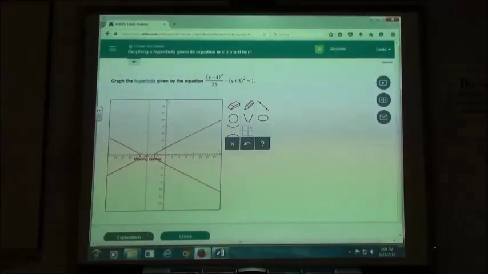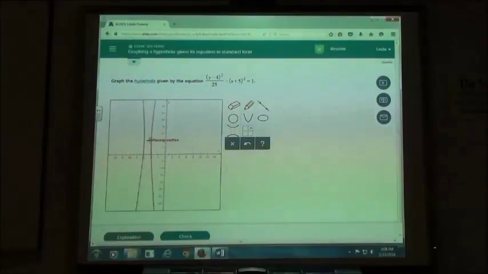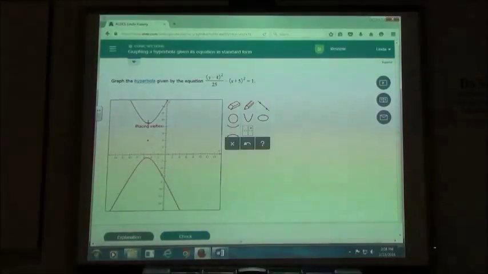So -5, +4 would be right there. Again, just move it over to the edge so you can see you were at -5, +4. Now I'm going to do my y first. So to place my vertex, the square root of 25 is 5, so I got to go up 5. 1, 2, 3, 4, 5. I was at 4, should be at 9.